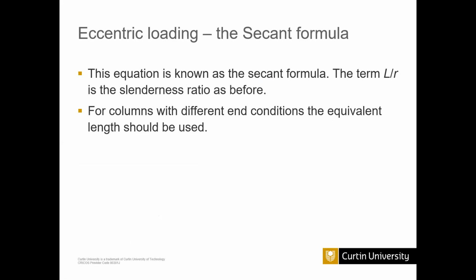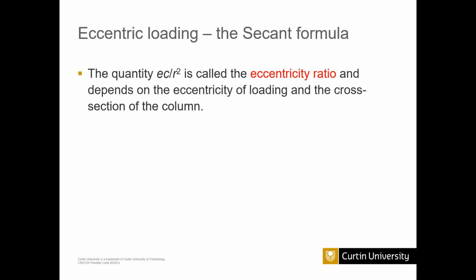Then, as I told you, L over R means slenderness ratio, and EC divided by R square we call the eccentricity ratio. Normally you calculate the L over R ratio separately and substitute it into the equation.